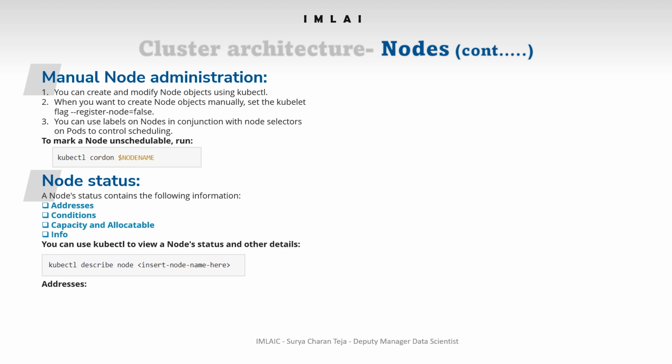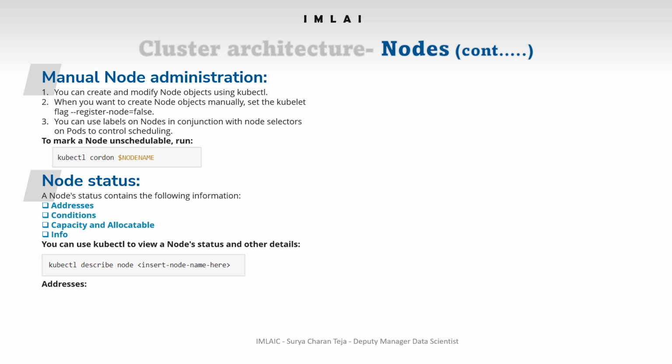The information consists of addresses. The uses of these fields vary depending on your cloud provider or bare metal configuration. However, a few components of these addresses are common, that is host name.